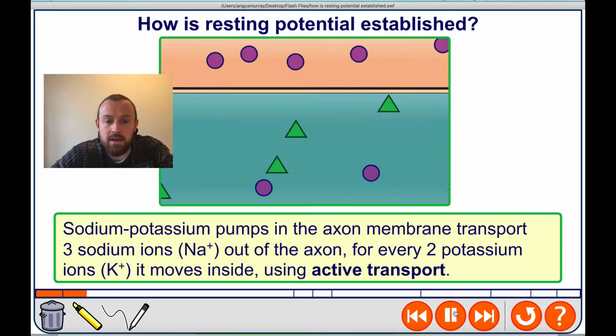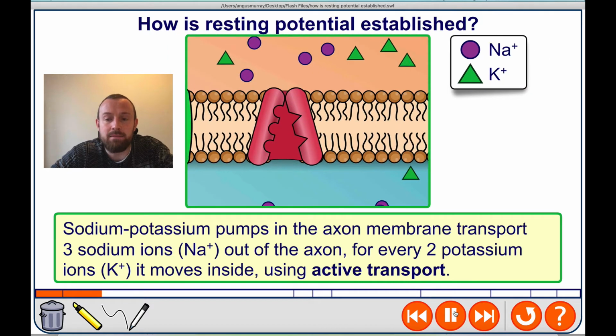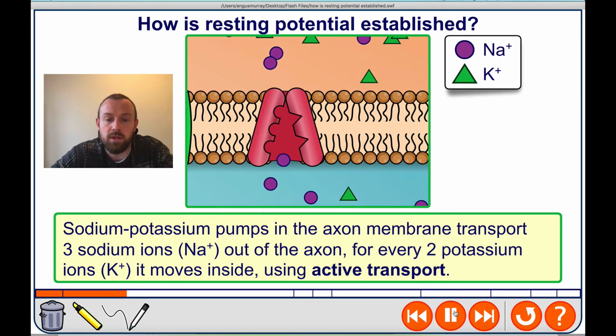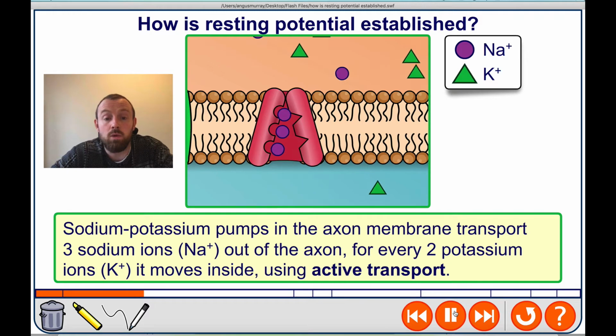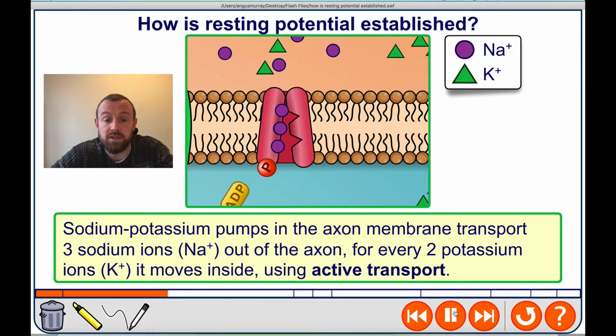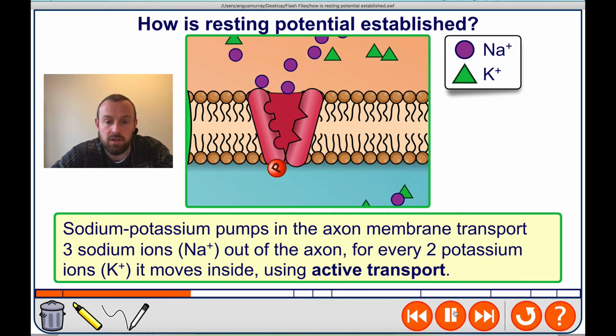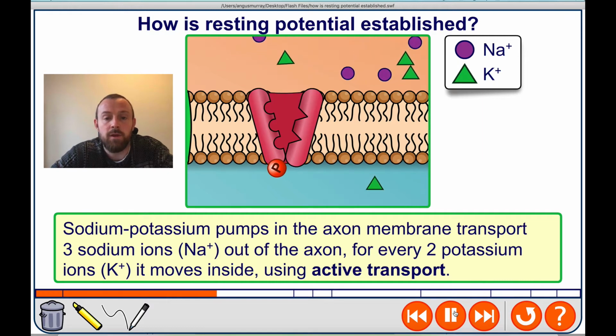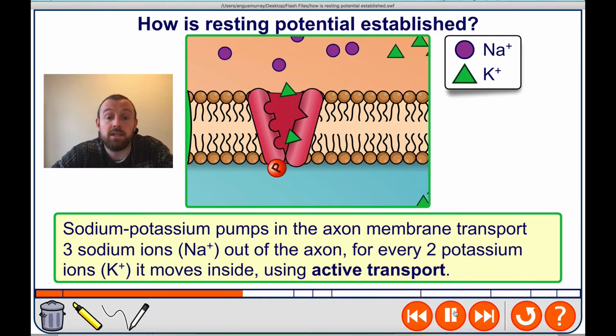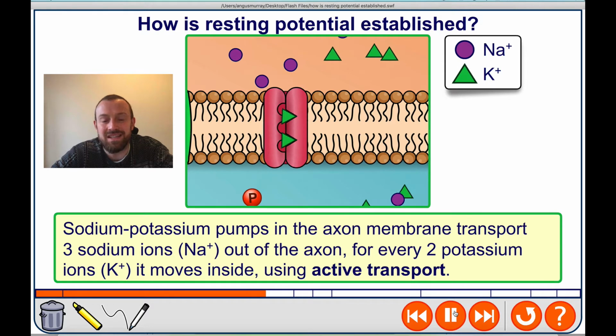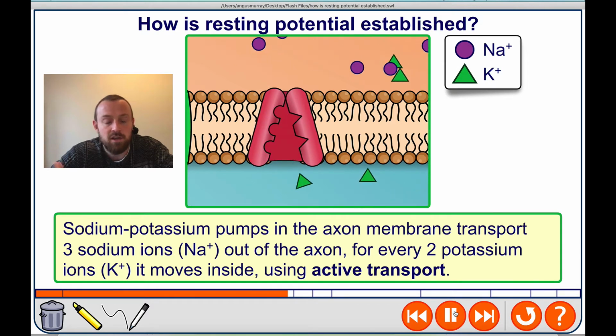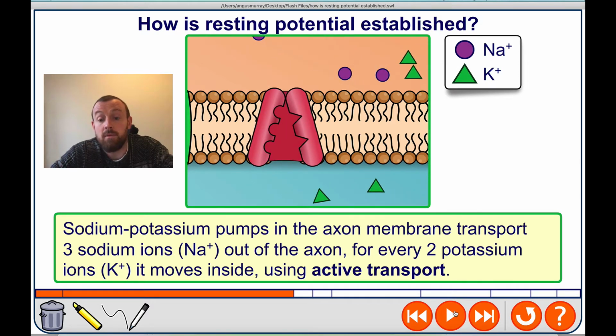Now, in the membrane of the axon, there are many, many sodium-potassium pumps. Sodium-potassium pumps move an unequal number of ions. They move 3 sodiums out of the axon into the extracellular space, but they only move 2 potassiums into the axon. So they put 3 pluses out and only 2 pluses in. So already we're generating a bit of a negative charge on the inside of the axon.